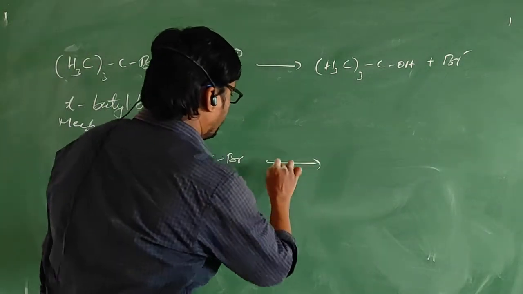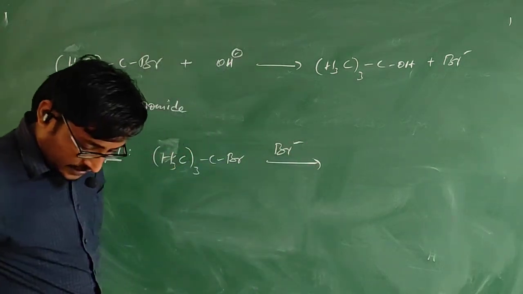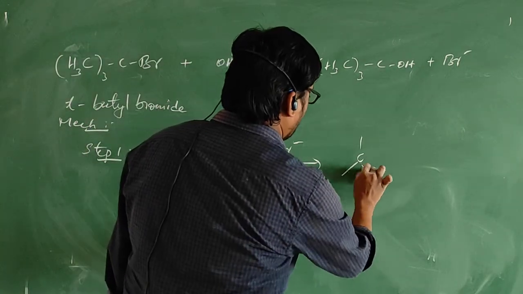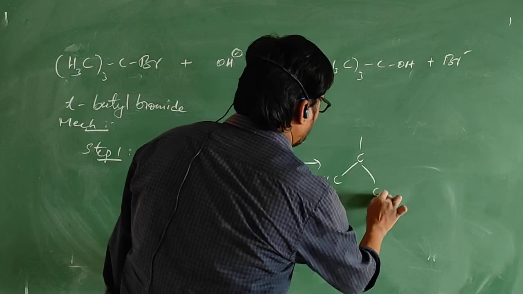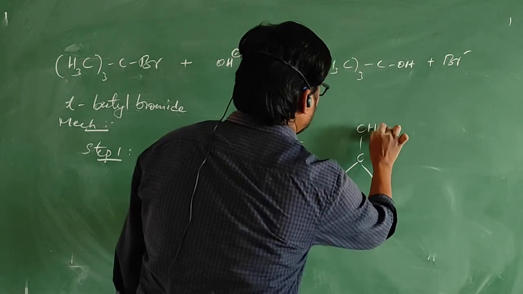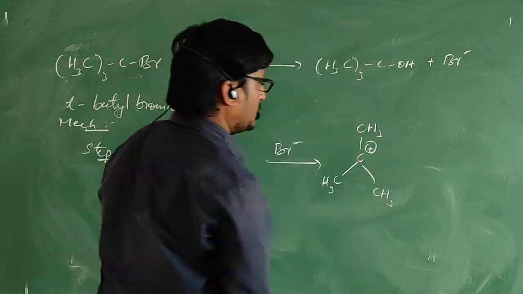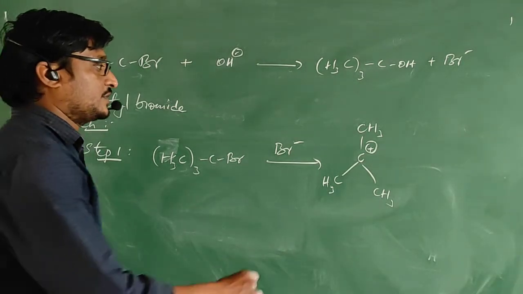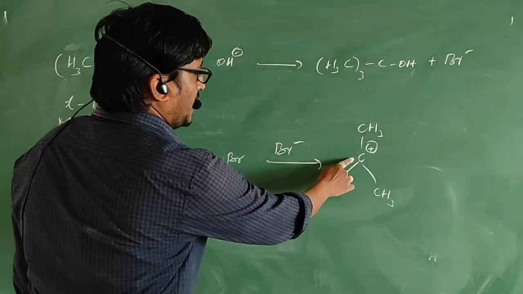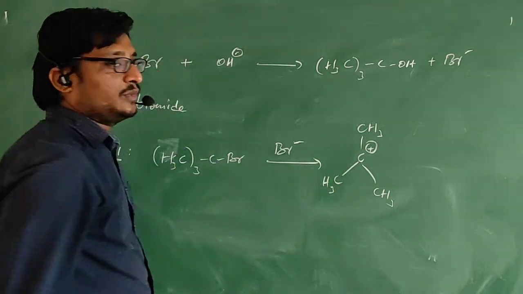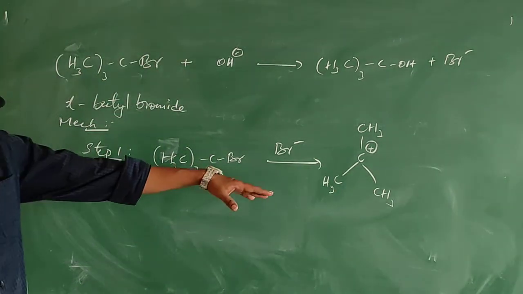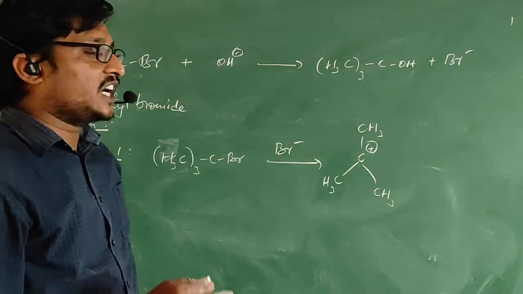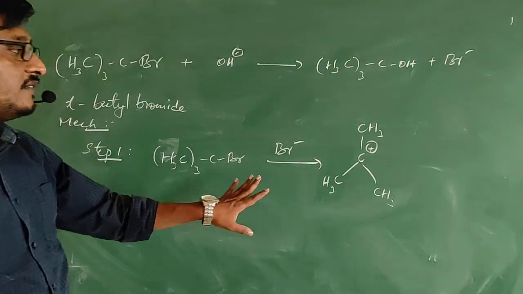From this, the halogen gets removed. The carbocation which gets produced is the tertiary butyl carbocation. This carbon is attached to 3 other carbons, that is why this carbocation is known as a tertiary carbocation. So this is the first step.